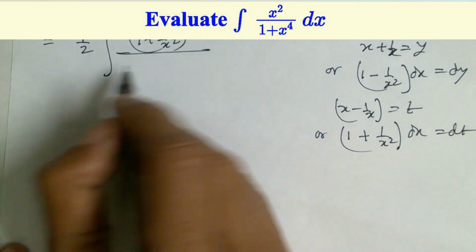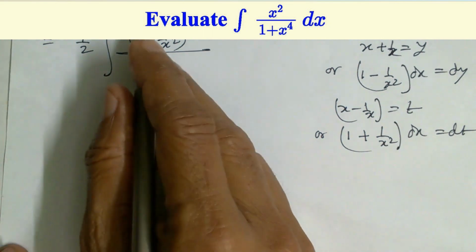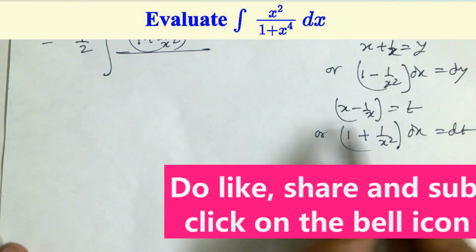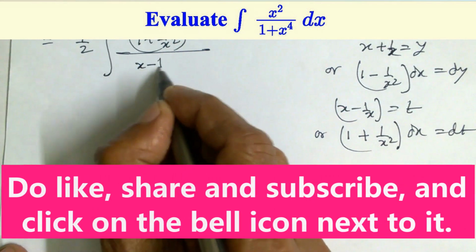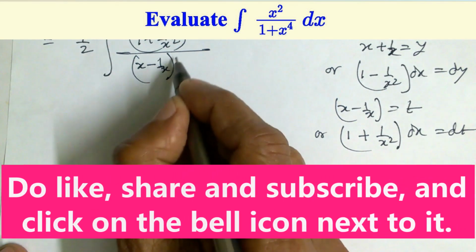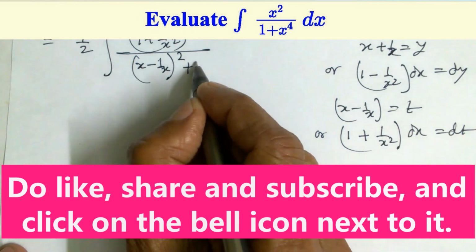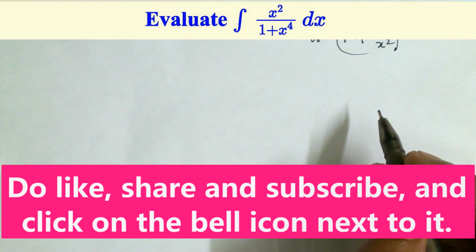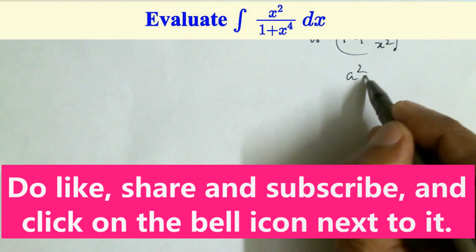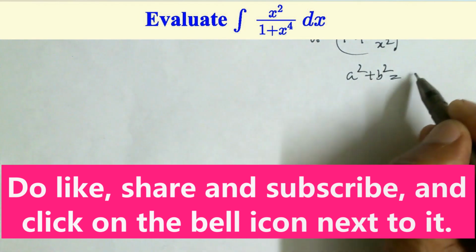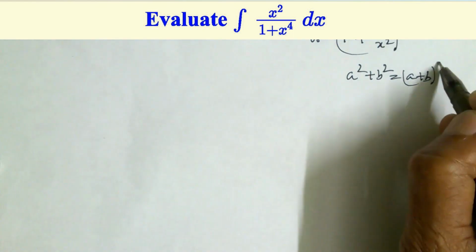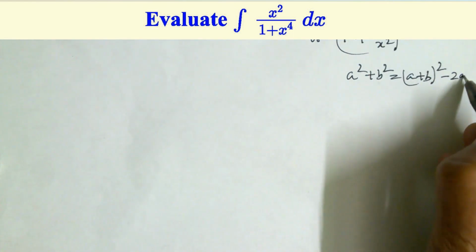So write x square plus 1 by x square this way, x minus 1 by x whole square plus 2. See how it is written. Now here we are using a square plus b square is equal to a plus b whole square minus 2ab.